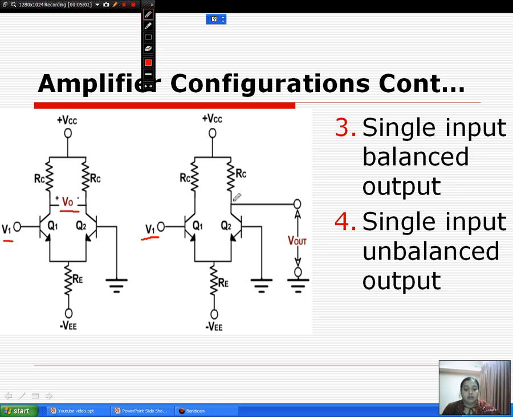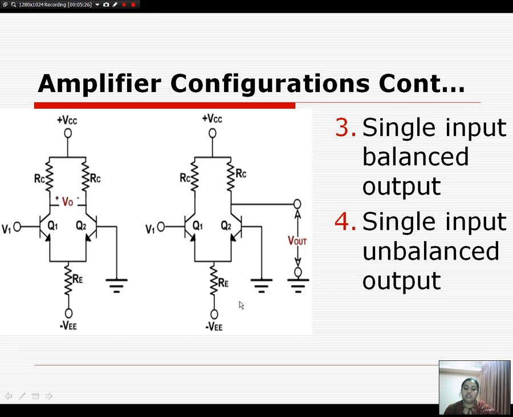Now here also we can see the difference, that is, in the previous one output is taken across both the collector terminals of transistors, and here output is taken only across the Q2 transistor's collector. So this is single ended output, hence it is called single input unbalanced output configuration.